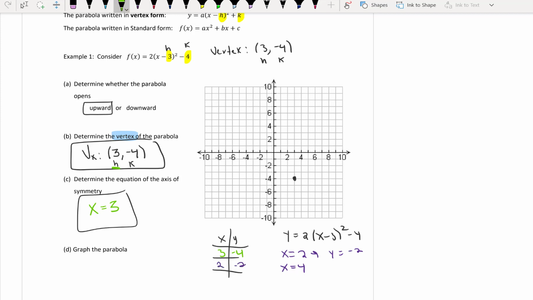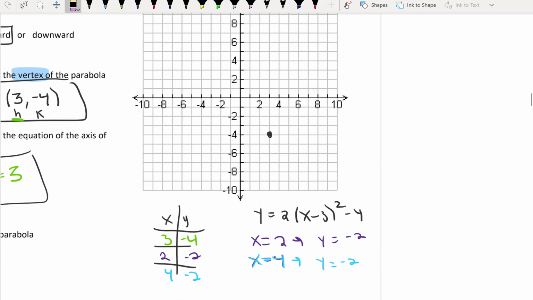And if you are going to try that x is equal to a positive 4, well, you would have 2 on the outside, parentheses, 4 minus 3 inside parentheses squared minus 4, and you get y is equal to negative 2. So 4, negative 2 is here, and 2, negative, oops, I didn't write that point down.